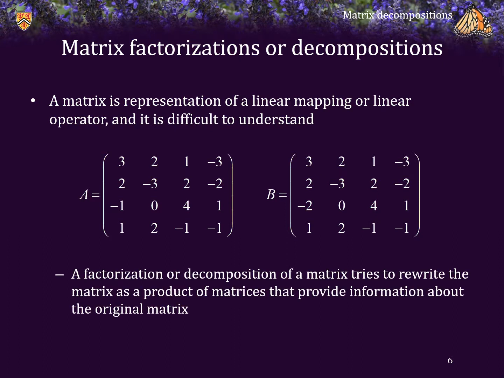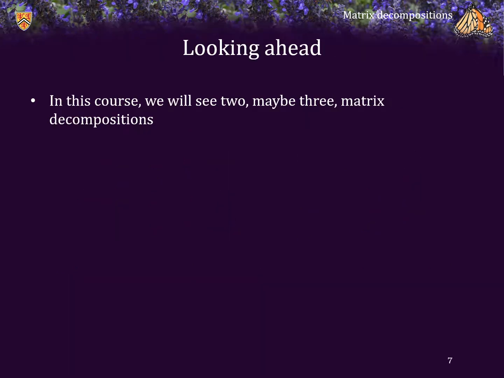A factorization or a decomposition of a matrix tries to rewrite the matrix as a product of matrices that provides more useful information about the original matrix. Now, in this course, we will see 2, maybe 3 matrix decompositions.